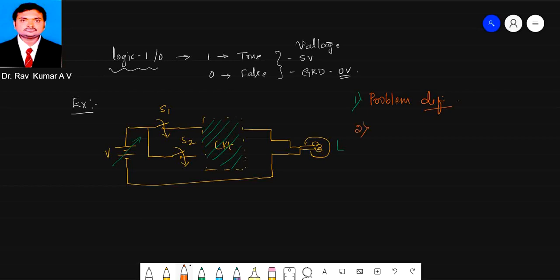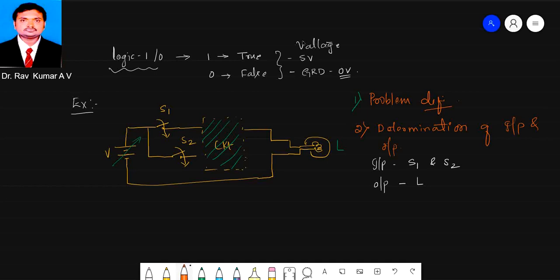Second, we need the determination of input and output. So with this example, I have 2 inputs, S1 and S2. The output is L, only one output.